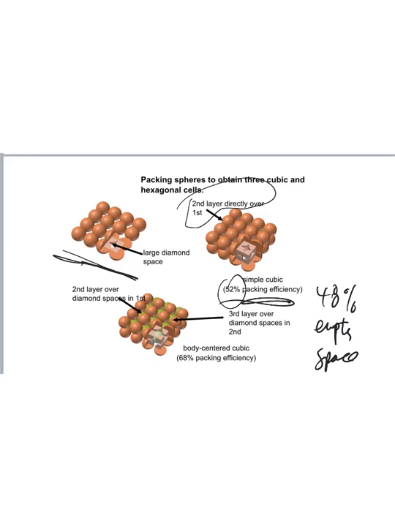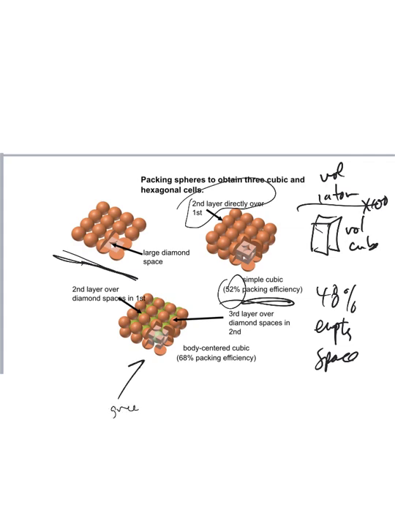The way that you would do that calculation is you find the volume of the cube, and above that you would put the volume of one atom times 100, and that's how you get 52%. Now what's interesting is if that second layer was not directly over the first layer, but sat in the indentations, that's what you have here.